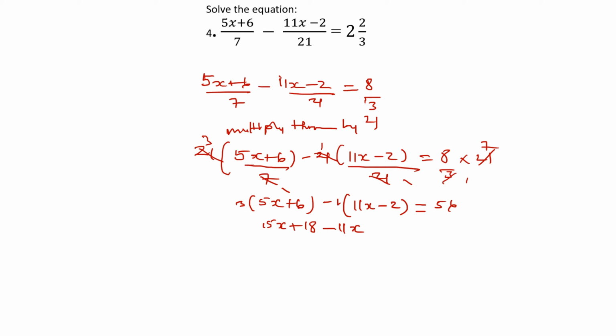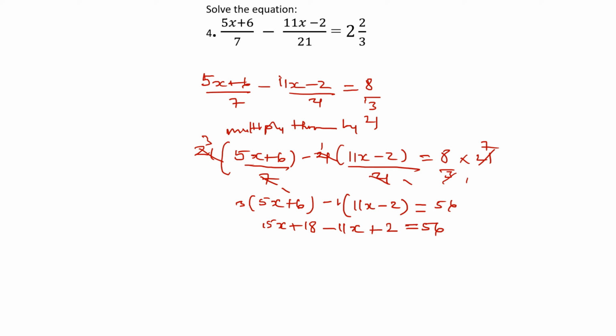Remember, you have minus 1 multiplied by minus, so negative sign multiplied by negative sign. This sign changes to plus. Minus times minus is plus. 1 times 2 is 2. So we are left with this is equal to now 56.